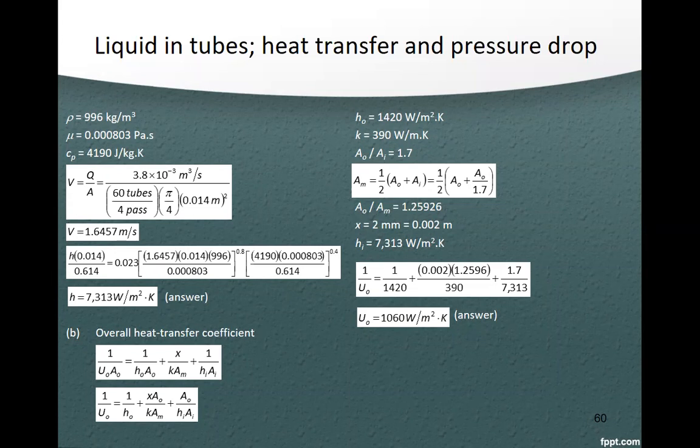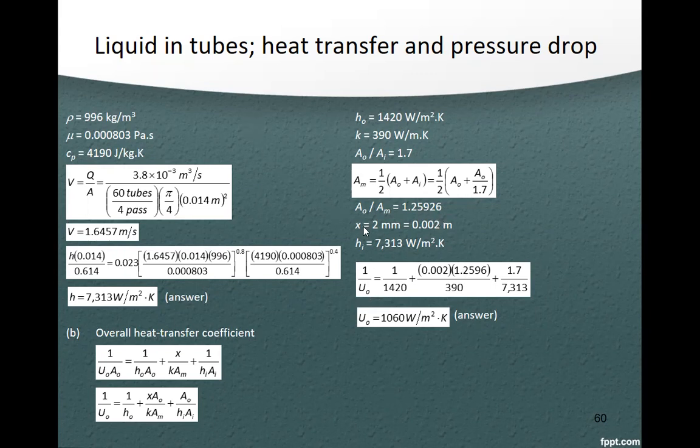Substitute values, magiging 1 over U sub o is equal to 1 over 1420 plus 0.002 times 1.25926 over 390 plus 1.7 over 7013. So U sub o is equal to 1060 watts per meter squared Kelvin. This is now the answer.